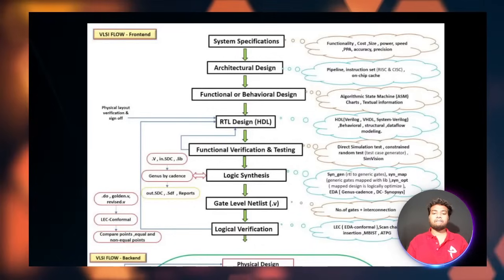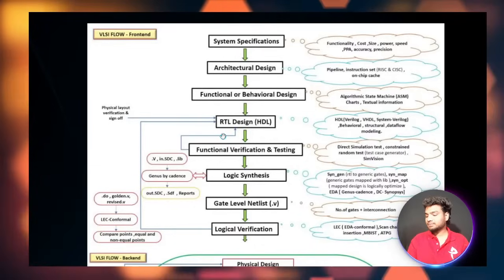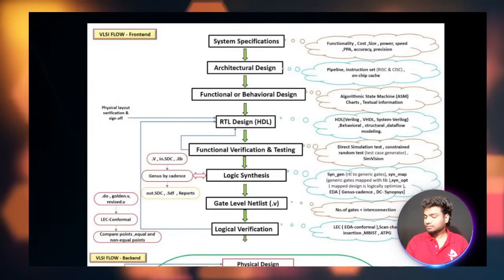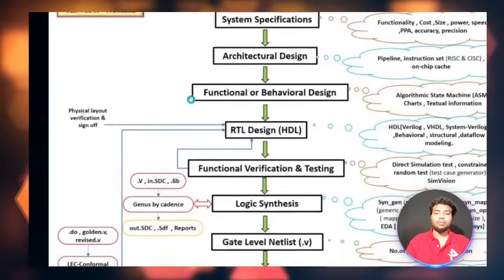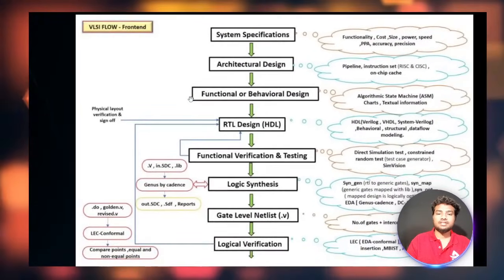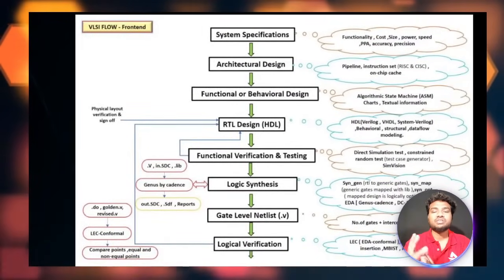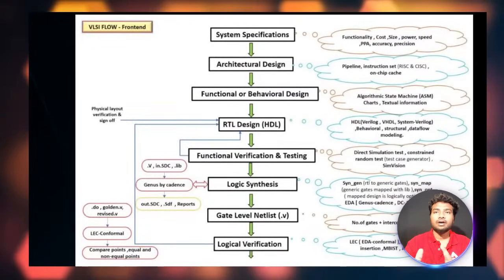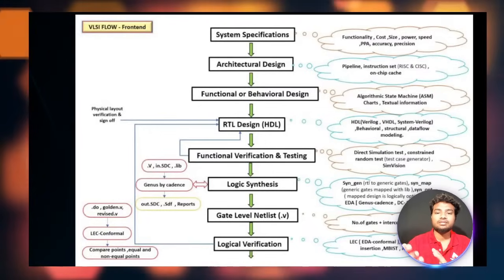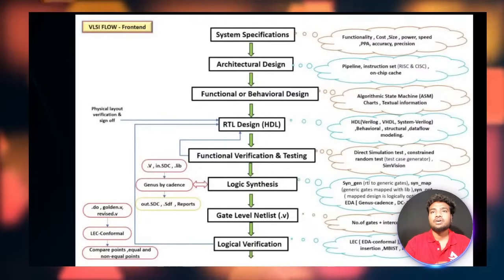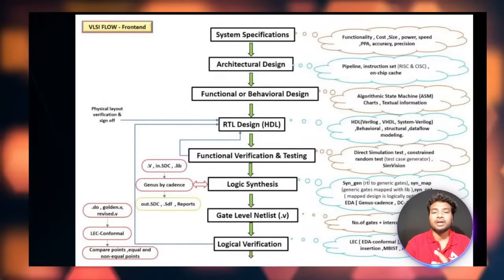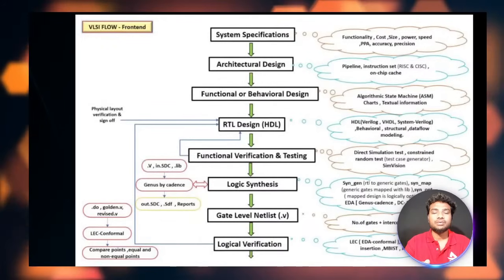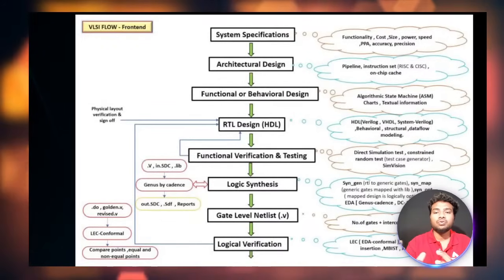So let's see what the stages are. In the front end domain, firstly we have the system specification. System specification means we have to make one spec, depending on whether you're using the chip for a computer, a microcontroller, or an IC.